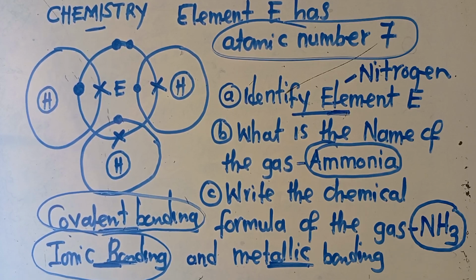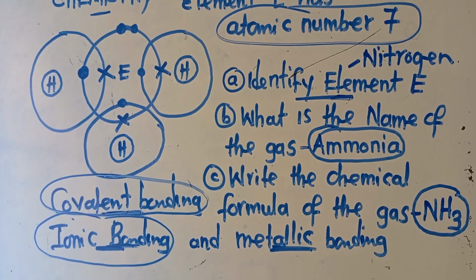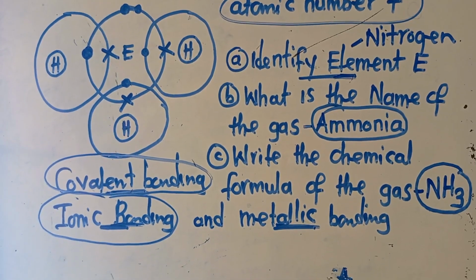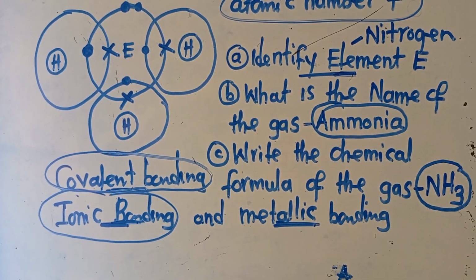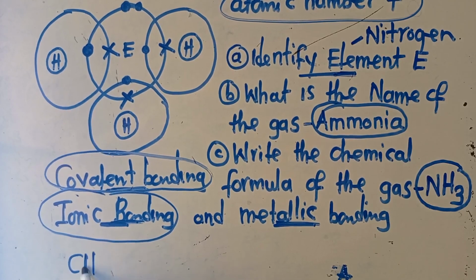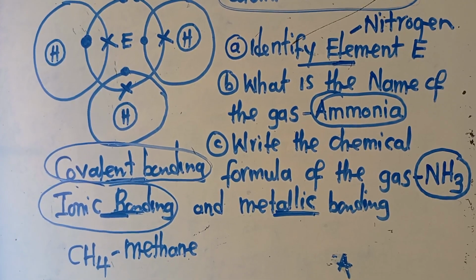You can also have another question that says, name another compound which has the same type of bonding. They are telling you to name other compounds that undergo this same type of bonding. We have methane, which undergoes covalent bonding. As long as you stay connected to us, I'm going to teach you all these things, how we show them and how you need to understand them.